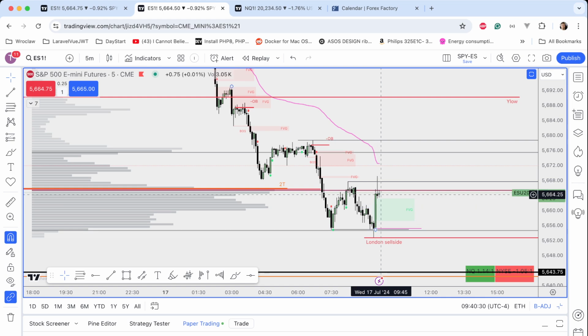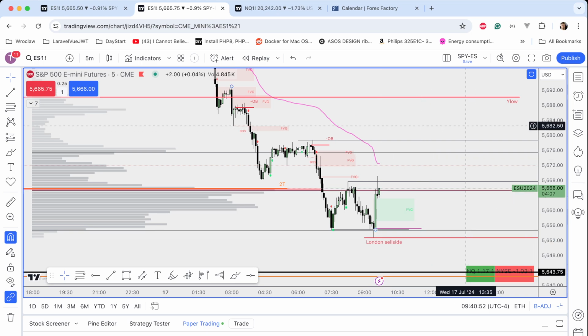A lot of liquidity will be added here on the buy side, and the market could easily get down there through the opening price, through London sell side, grab the whole liquidity, tap into this order block, and then boom, go up there. So patience is the key right now.